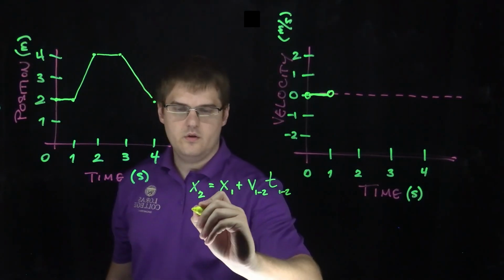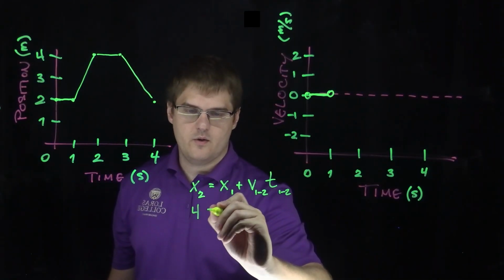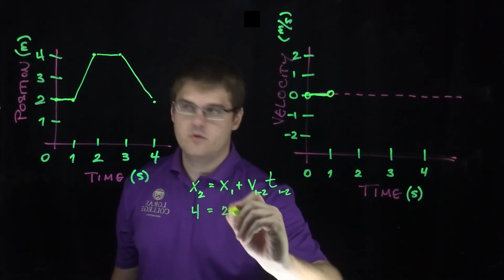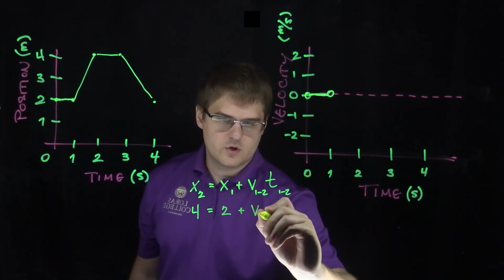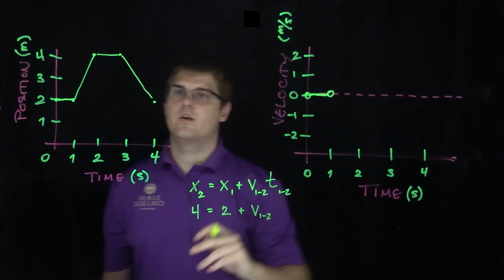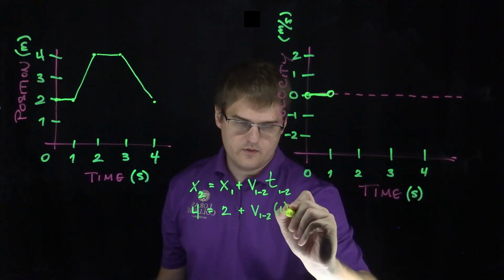X at 2 is 4, because that's right there. X at 1 is going to be 2. That's right there. Our velocity is what we're trying to solve for. And our time, 2 minus 1, is 1 second.